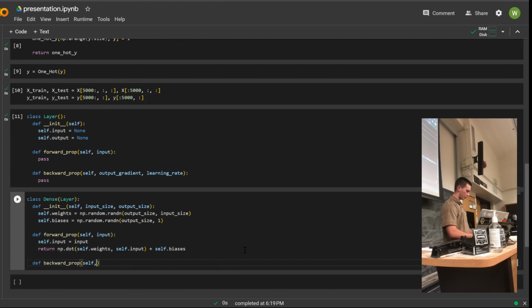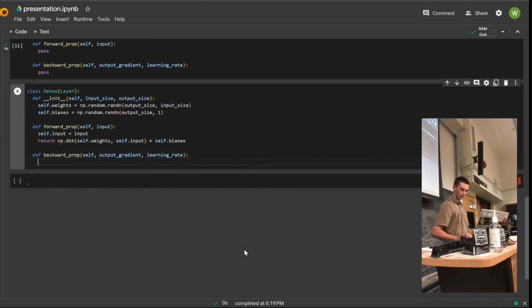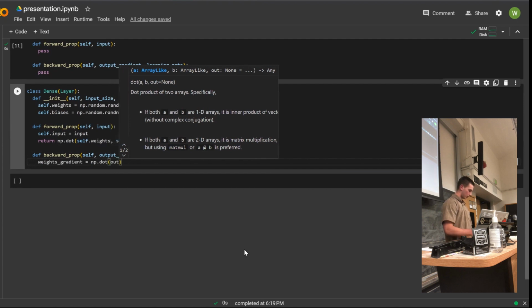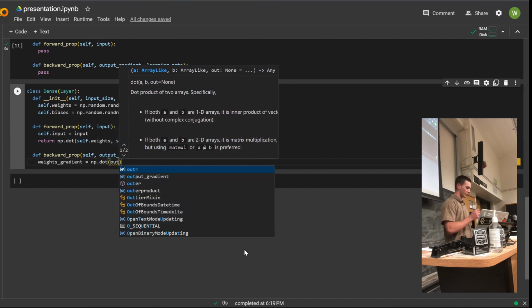And then we need our backward propagation algorithm. So this is where we computed the derivative of the cost function with respect to the weights, the biases, and the input. Okay, so remember the way to compute the derivative with respect to the weights was the matrix equation, the output gradient times X transpose, right?